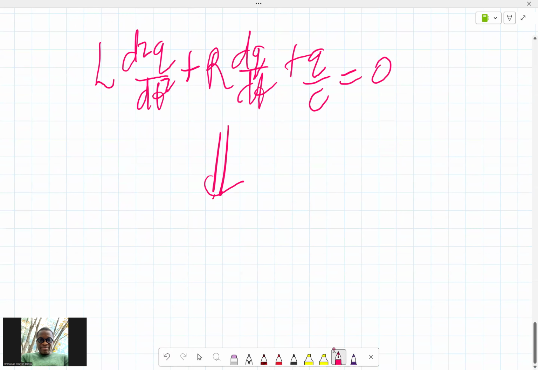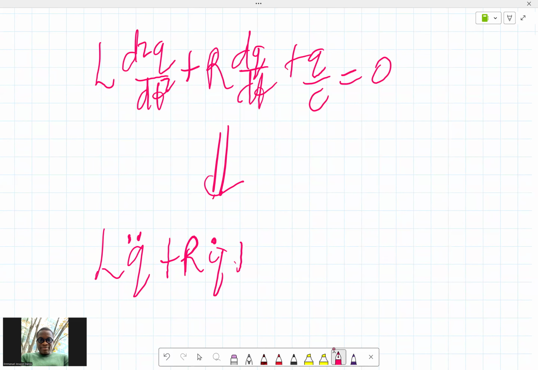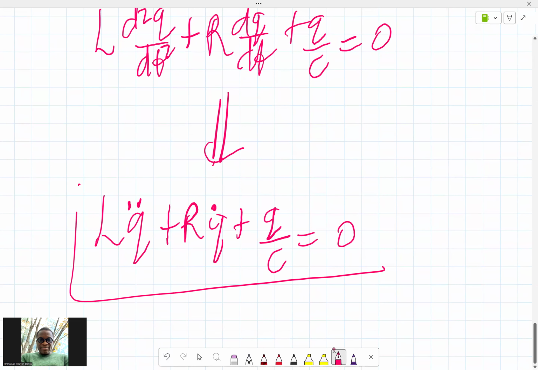And like I said before, because it is time dependent, you could actually write it as L Q dot dot, where dot dot tells you it's dependent on time, plus R Q dot plus Q over C equals 0. So this is the RLC circuit under Kirchhoff's law.